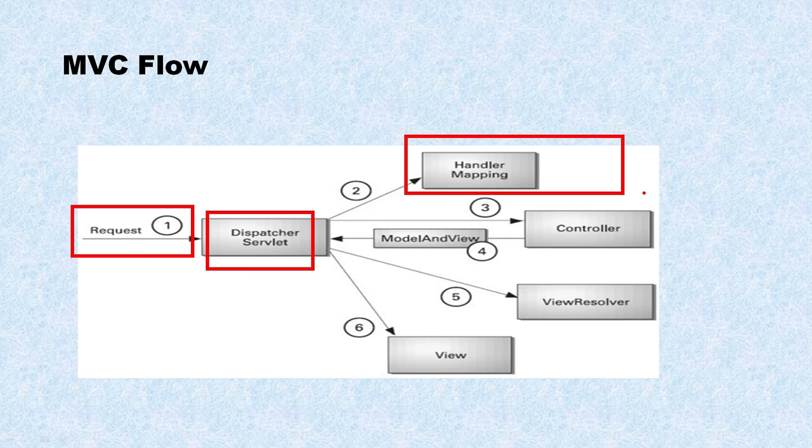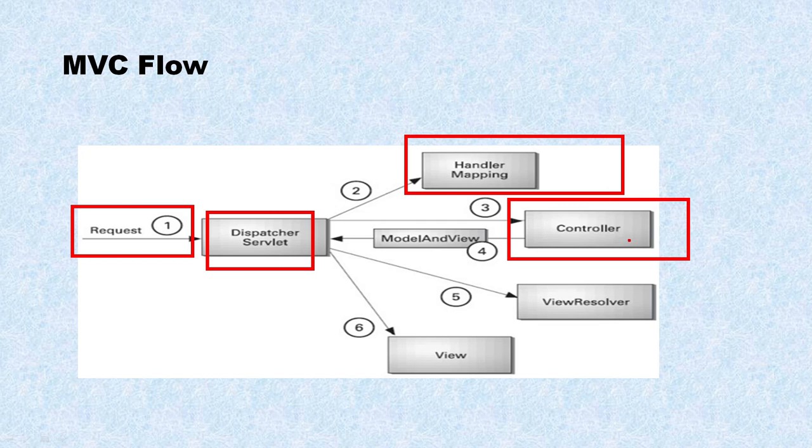Handler mapping tries to find the appropriate handler based on the URL and HTTP method provided. Once handler mapping finds the appropriate controller, the request is sent to that controller, and the appropriate request handler method will be executed.